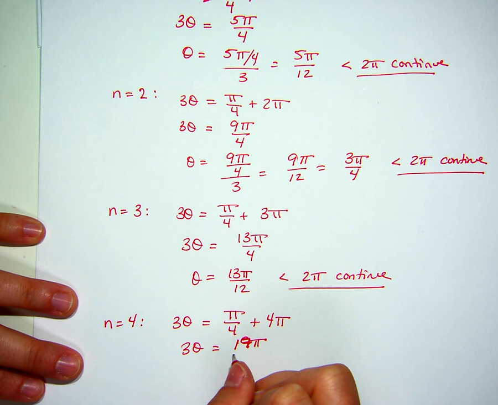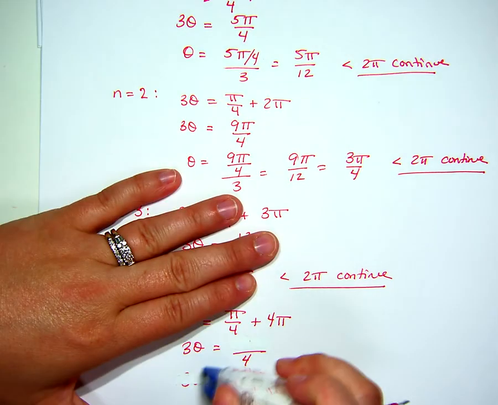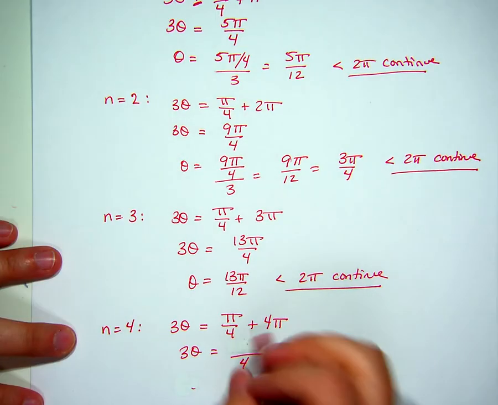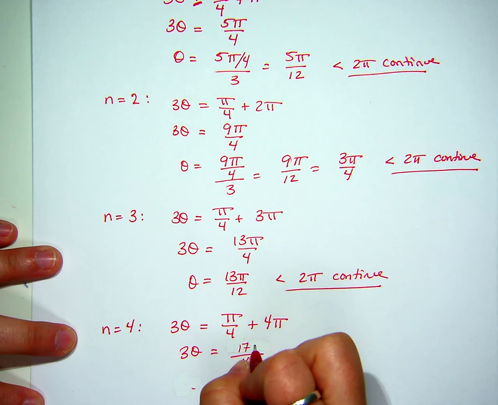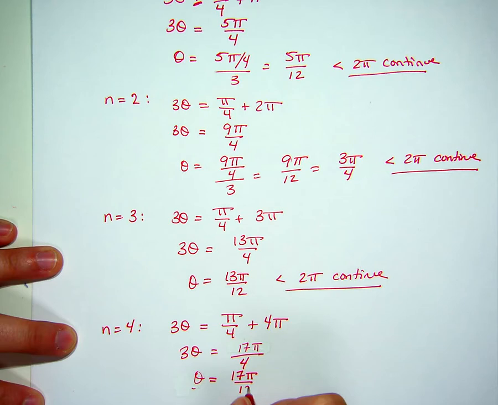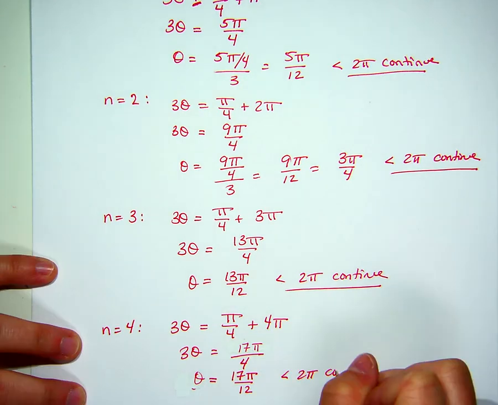Let me fix that so it looks correct here. 17 pi over 4, divide that by 3, 17 pi over 12. Again, it's less than 2 pi, so continue.